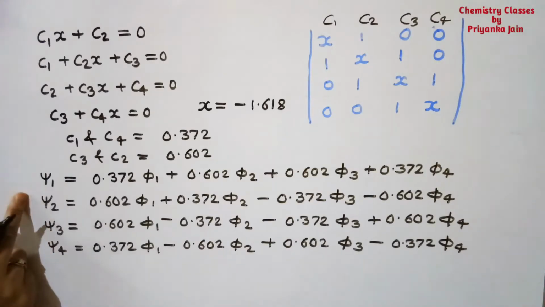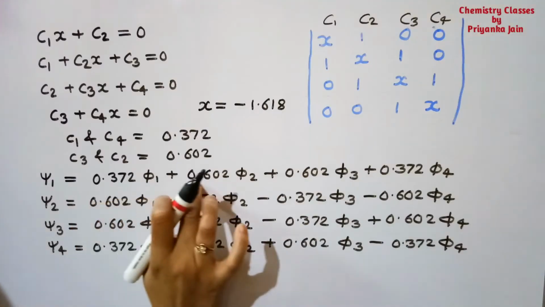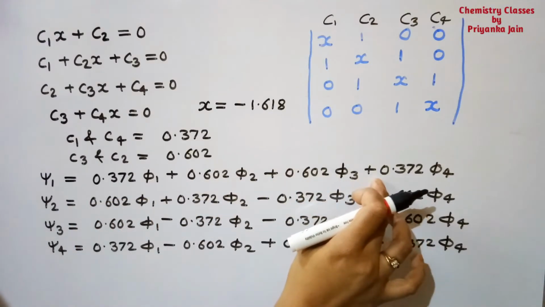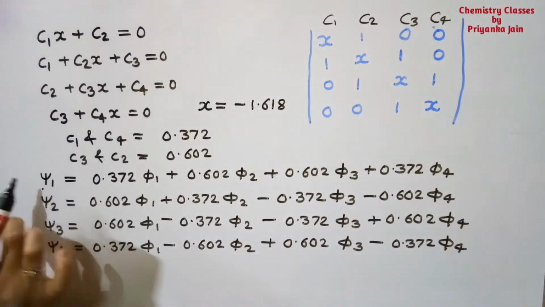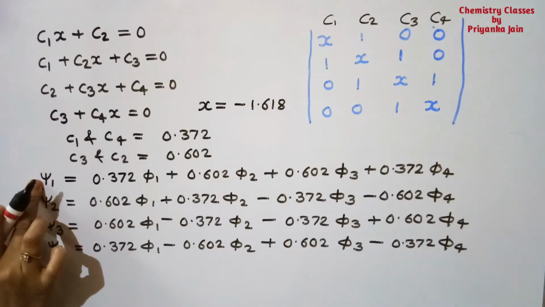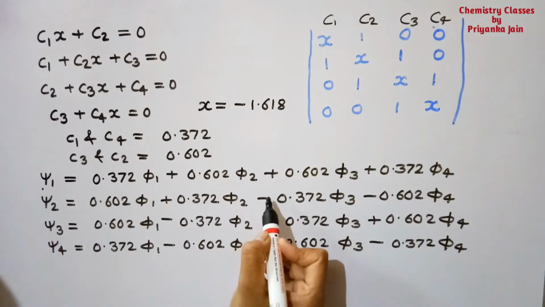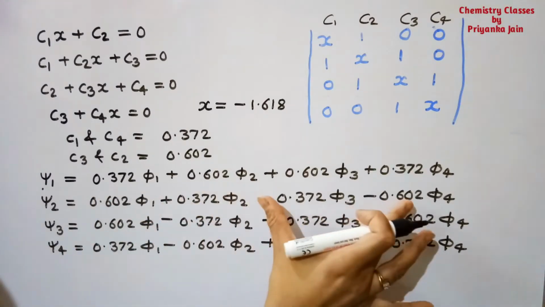Now you can see here, in this case all are positive signs. It means the wave function is not changing sign. So this will be called the bonding molecular orbital, and this wave function will not have any node. This will be 0 node. In this case you are seeing the wave function is changing sign here. These terms are positive and this is minus minus.